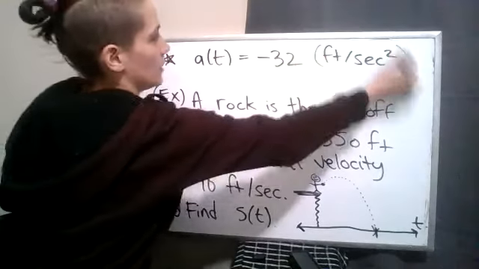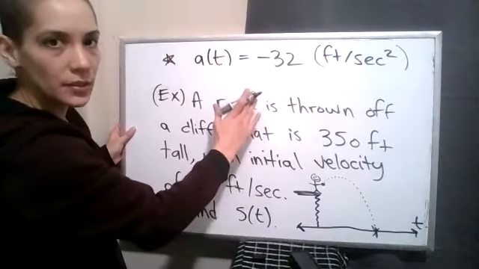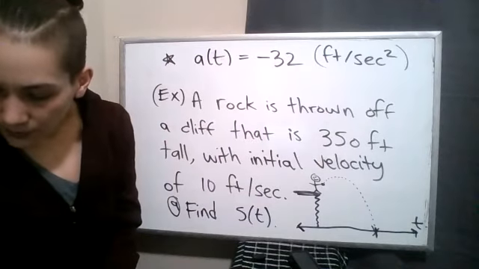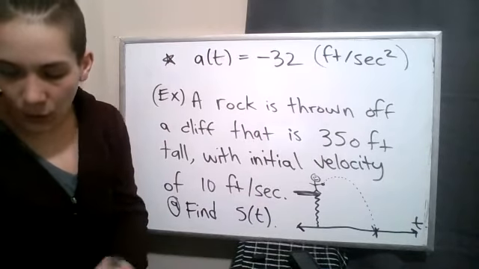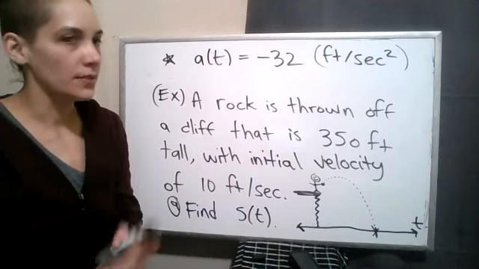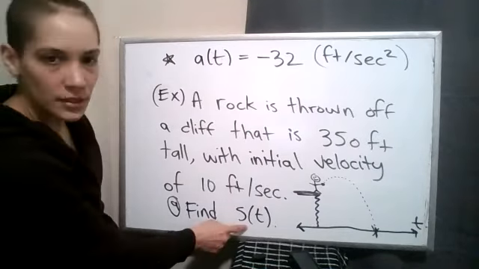Okay, so this is just units on the side. -32 for acceleration of t. And then we're going to find v of t. After that, we'll use v of t to find s of t, which is the goal.